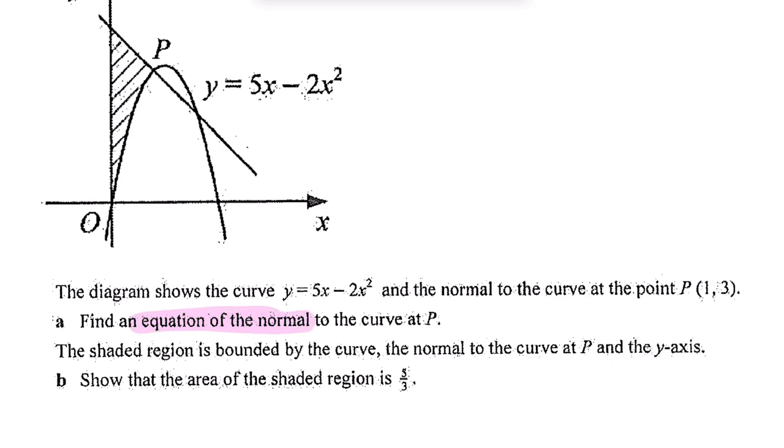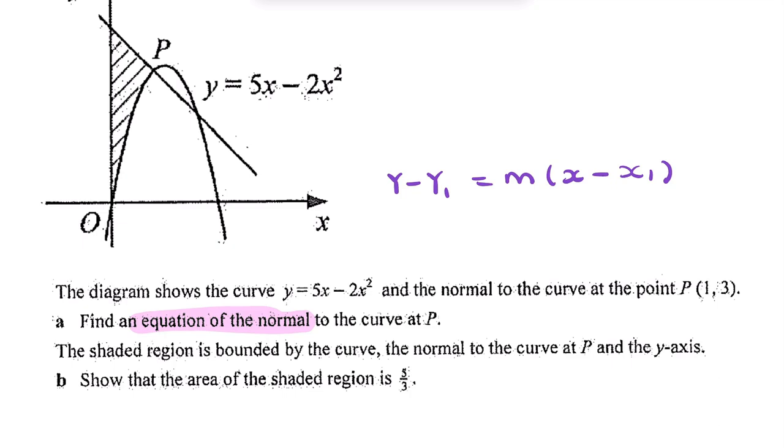Now, the equation to the normal, or the equation for any straight line, is y minus y1 equals the gradient times x minus x1.